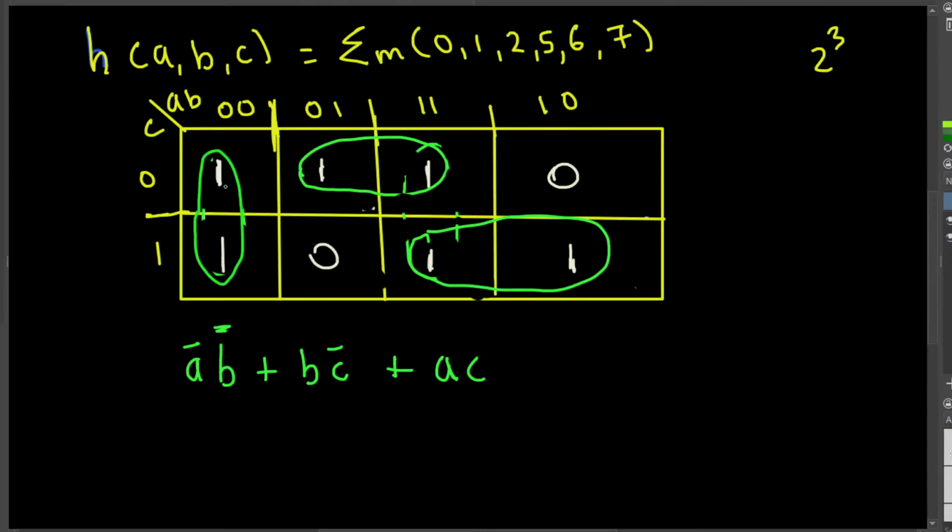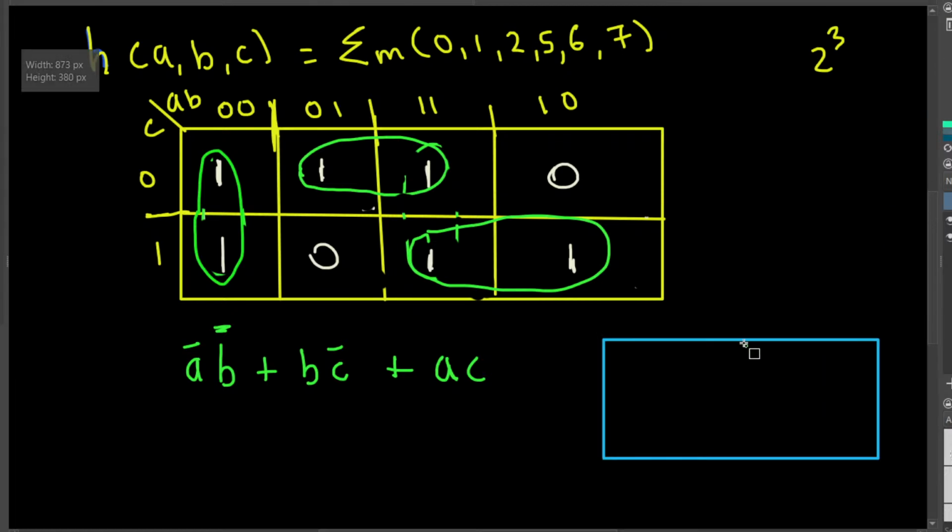Okay, let's draw another Kmap to show that. So let me draw the table, the Kmap, right here, and we have 8 inputs, 8 addresses.